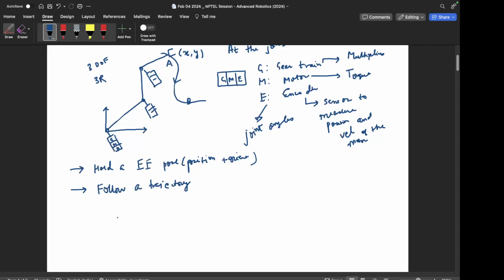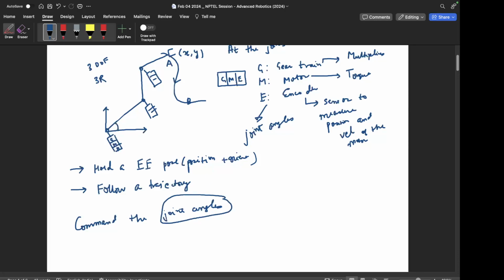Now in either of these tasks, what we have to command is the joint angles, right? Now those joint angles can be directly given to the motor or given in the form of torque commands, but in the pipeline of making that manipulator move or hold a position, what we need to know is the joint angles.